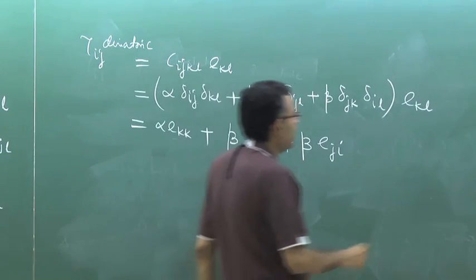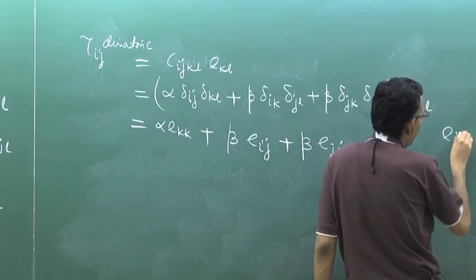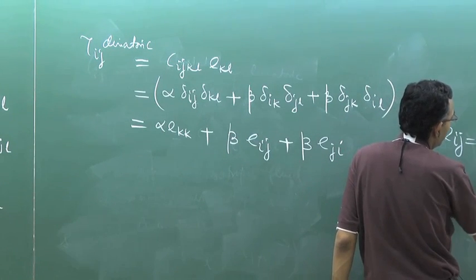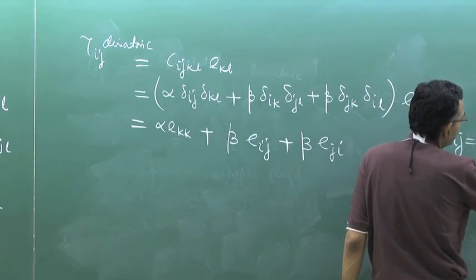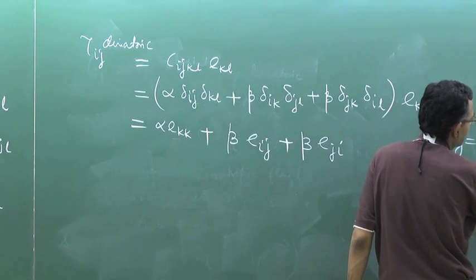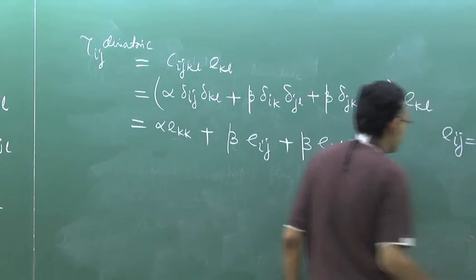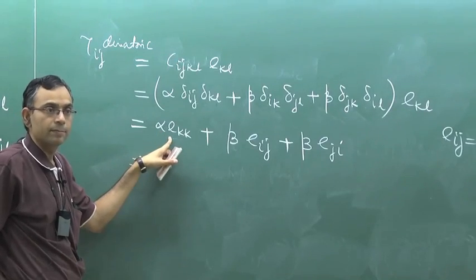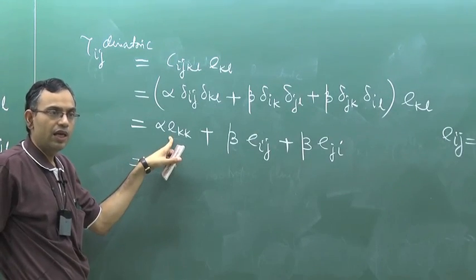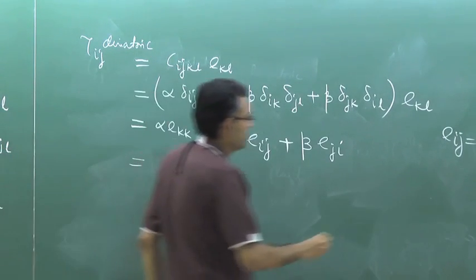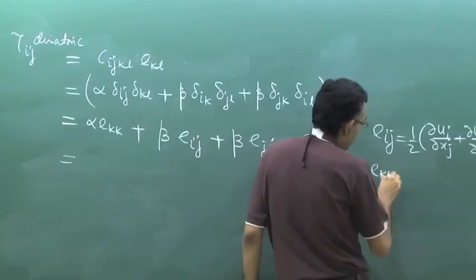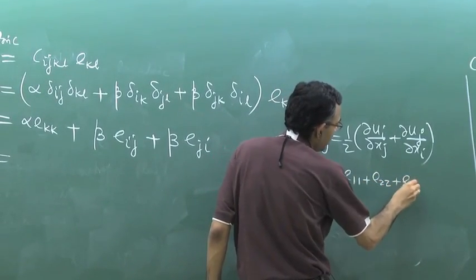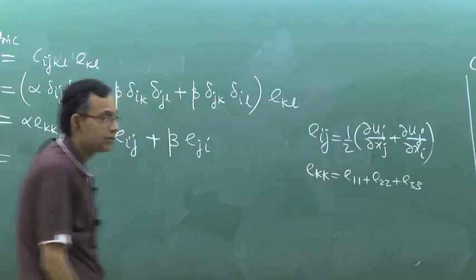So now what is Eij? Eij we have defined as half of del ui del xj plus del uj del xi. So what is Ekk? Ekk is E11 plus E22 plus E33, right?